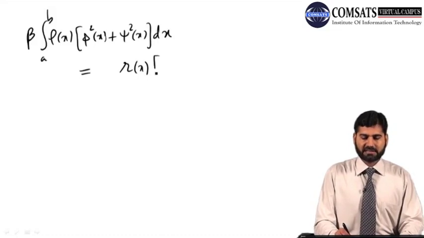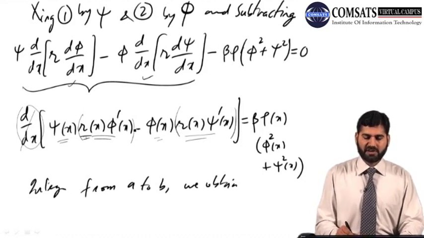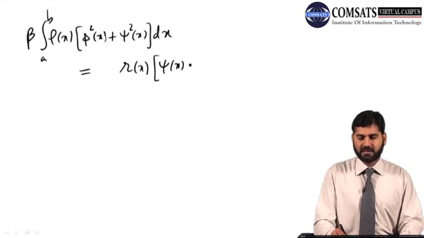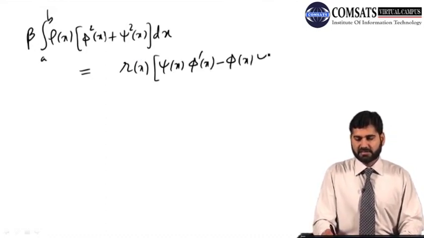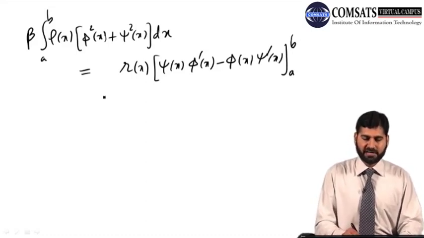So you get r(x) times, r(x) is common, you see this integration is gone, so r(x) is common, psi(x) phi prime minus phi(x) psi prime, and it is from a to b because we have integrated this.